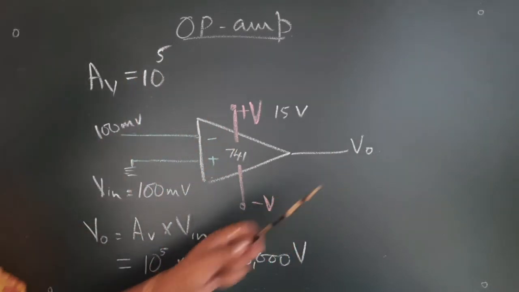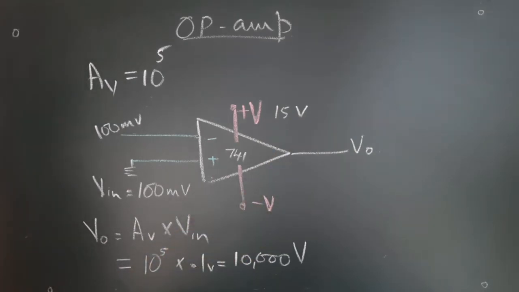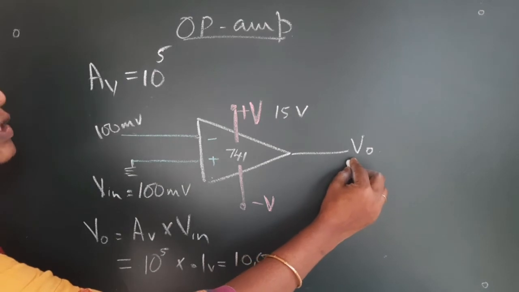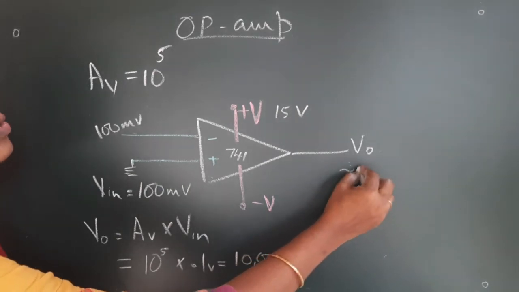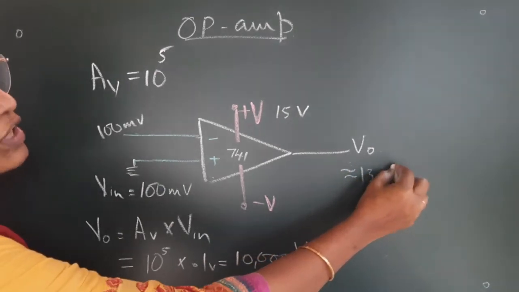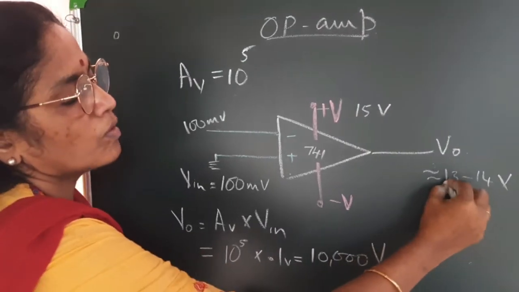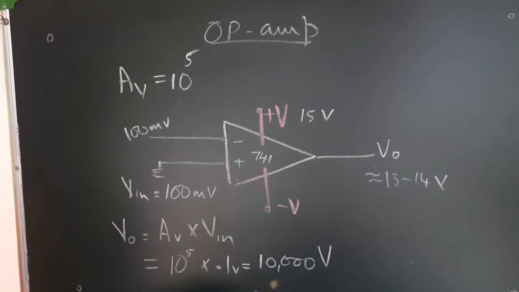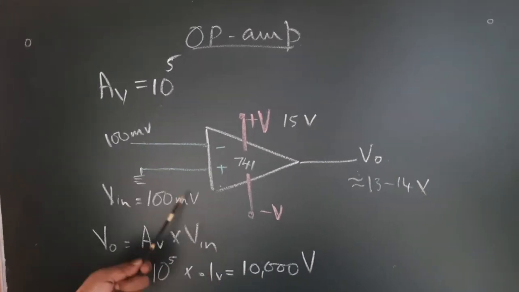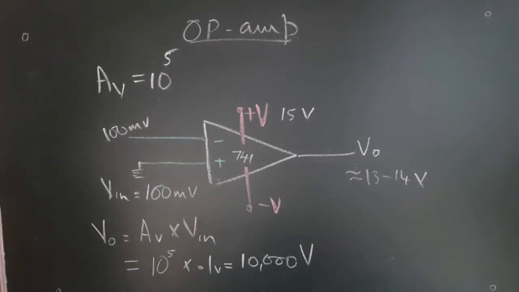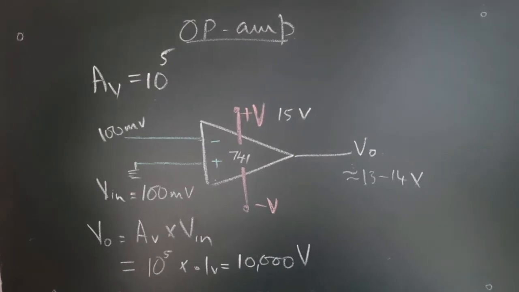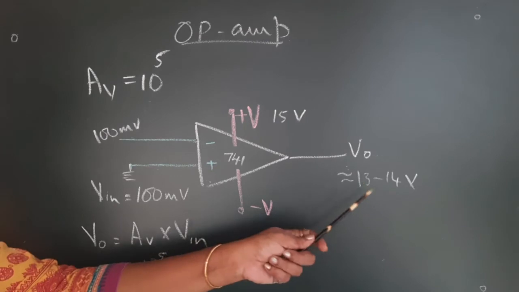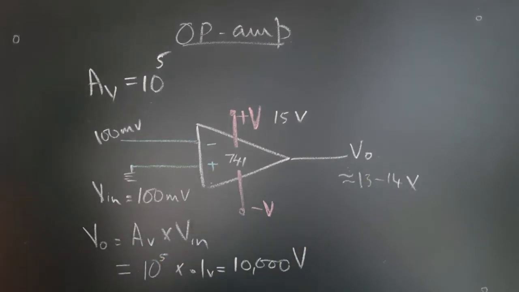You will not get 10,000 volt output; it would have been very good, but it is not practically possible. You can have only something around 13 or 14 volt, 1 or 2 volt less than the plus VCC. Theoretically speaking, you can have an open loop output of 10,000 volt, but this is not suitable for our operations, hence our output will be limited by this.